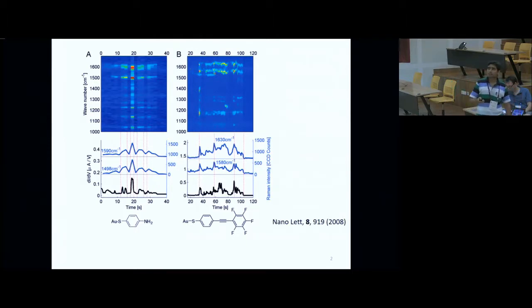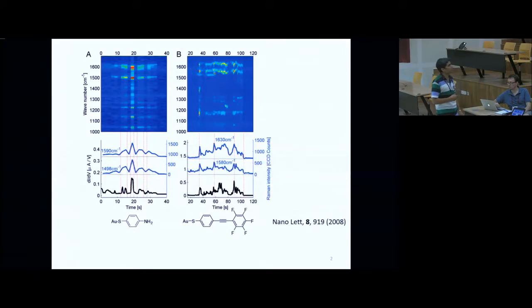They see the same pattern for this molecule, which is a bit more complicated, but you can identify some kind of positive correlation between these vibrational modes of the molecule and its conductivity. They also noted that there are certain modes where, if you enhance them, the conductivity goes down, so it's negatively correlated.